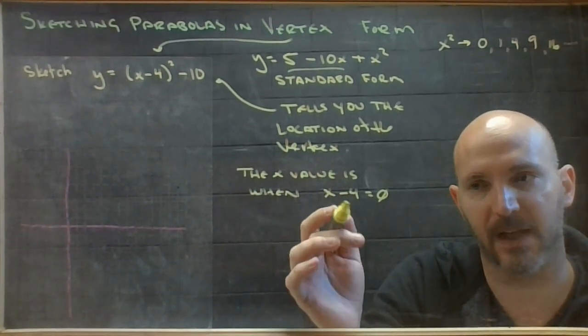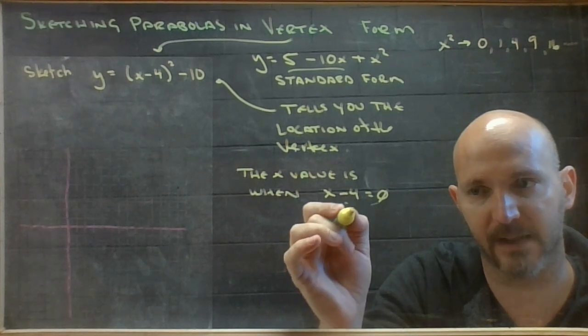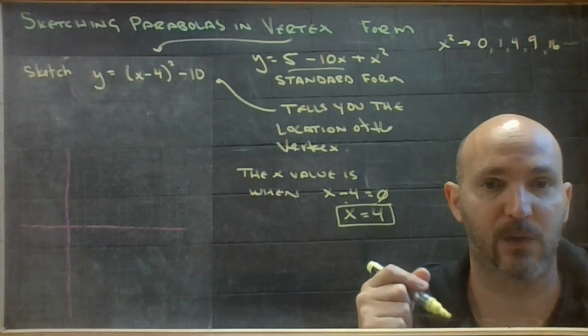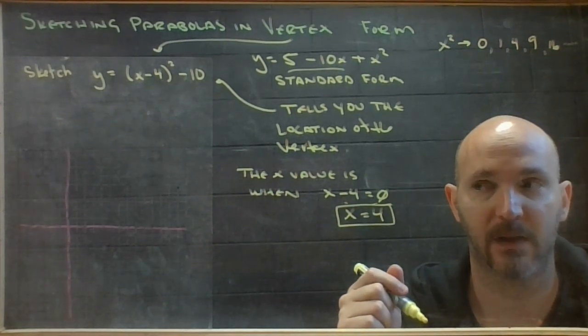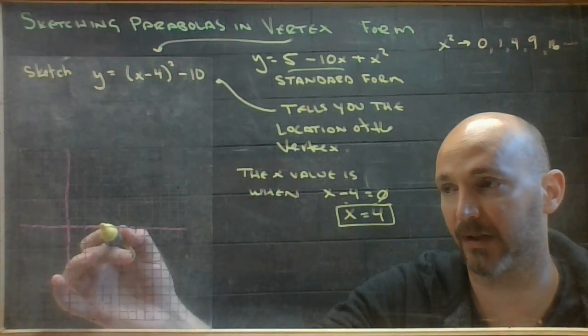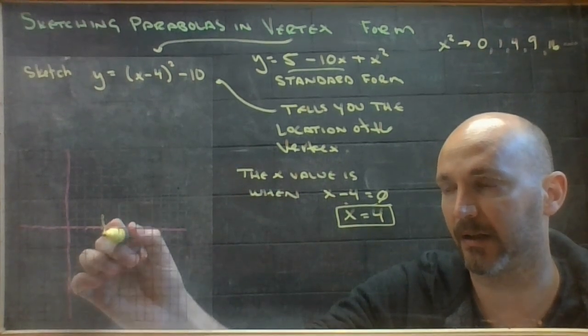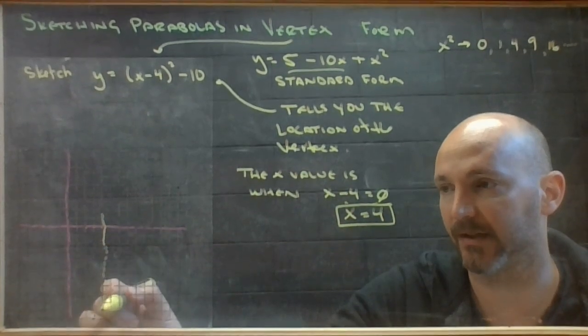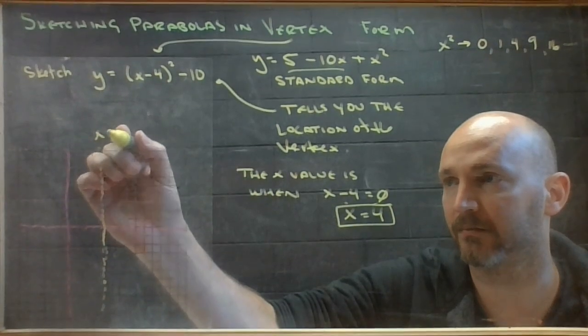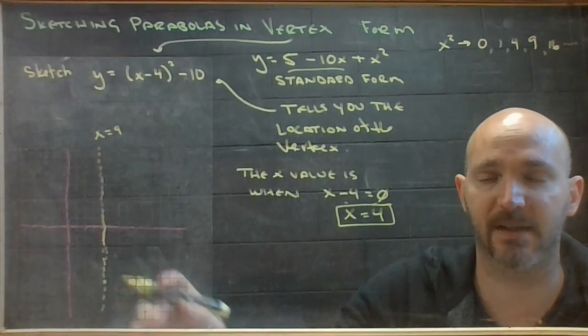That's not maybe helpful. If I add 4 to both sides, I get x equals 4, and there's my actual coordinate of the vertex. So I'm going to find x equals 4, 1, 2, 3, 4 on my grid. I'm just going to draw a dashed line like so. So the vertex is somewhere on that line.